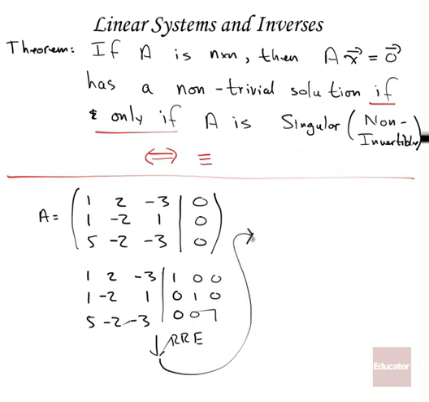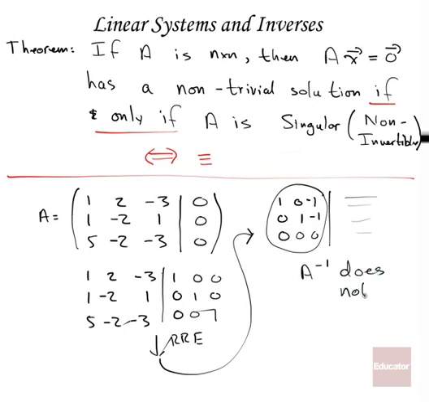Let me move it over here, and what we end up with is the following: 1, 0, -1, 0, 1, -1, 0, 0, 0. We don't even have to worry about the other entries. It is not relevant, simply because we notice here we don't have the identity matrix. That means that A inverse does not exist, which means that it is singular.